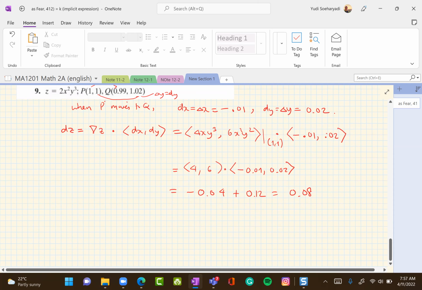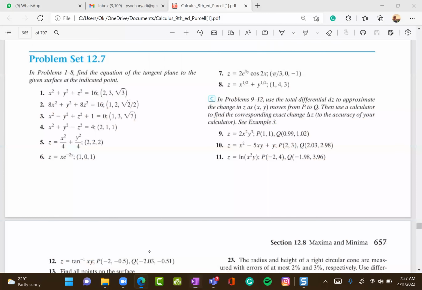Let's pick one problem again on some word problems.